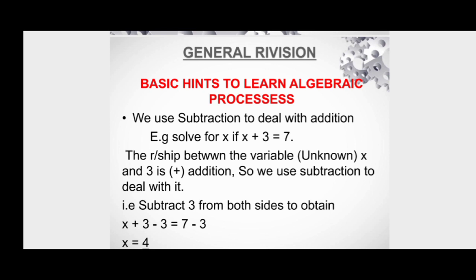Number one, whenever you are solving a problem that comprises known and unknown, the number one thing you will look at is the relationship between the known and the unknown. In this example, solve for x if x plus 3 is equal to 7.